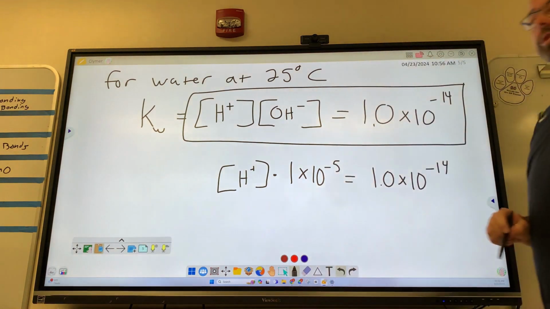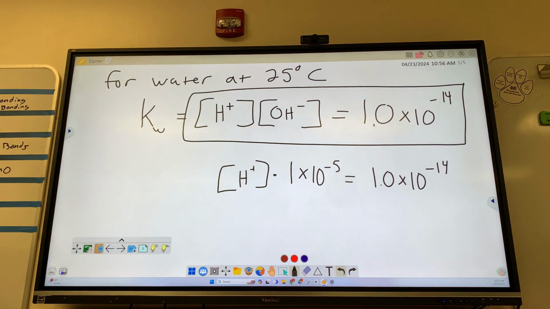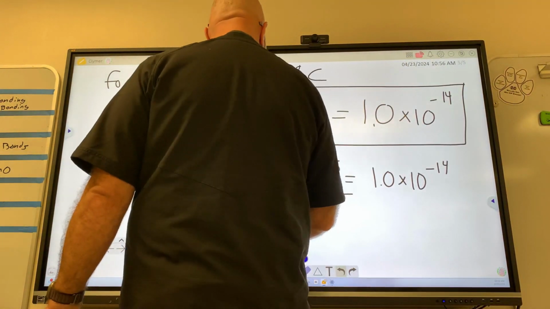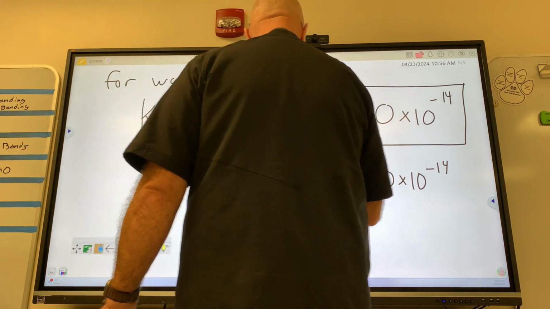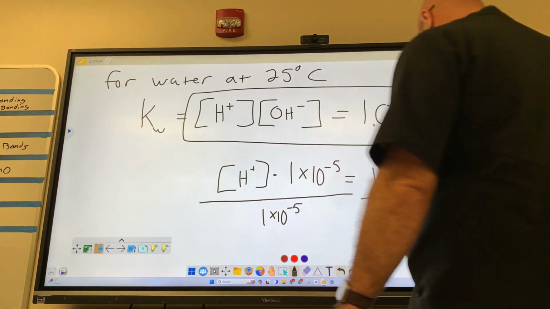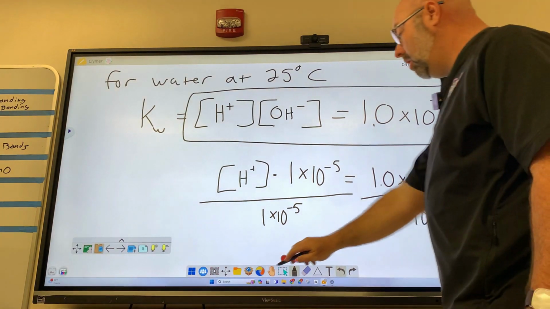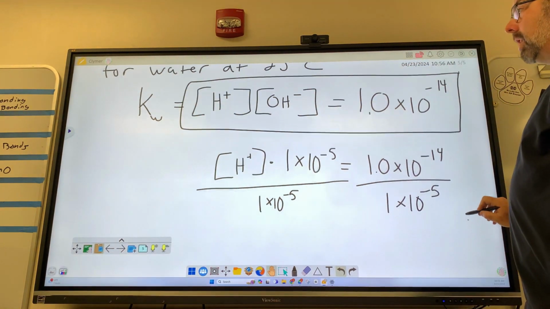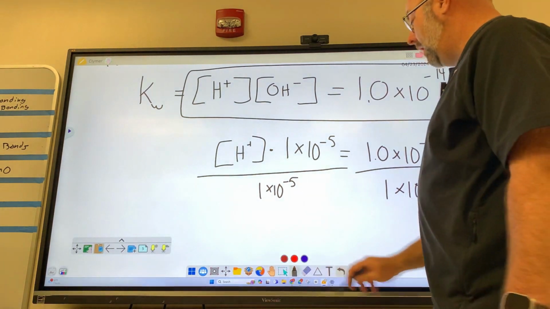How would I solve this problem? Just algebra. Yeah, divide by 1 times 10 to the negative 5th. Those of you math whizzes at home are going to know how to solve this without hitting your calculator.